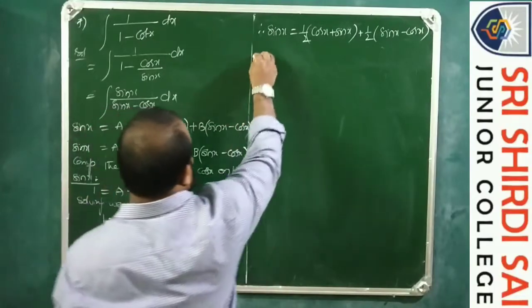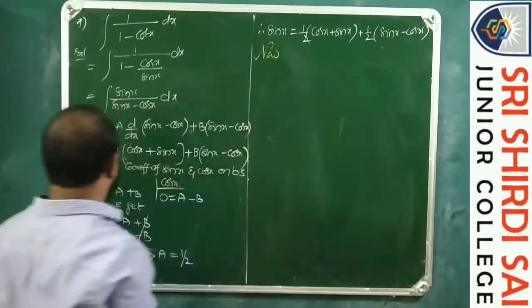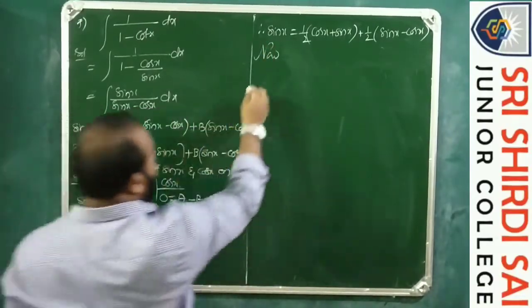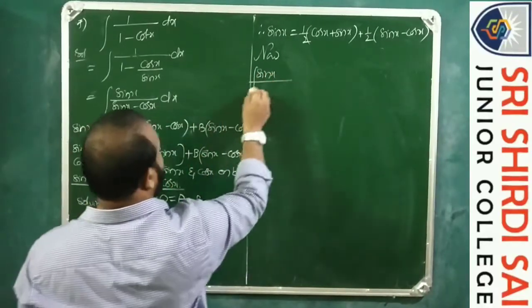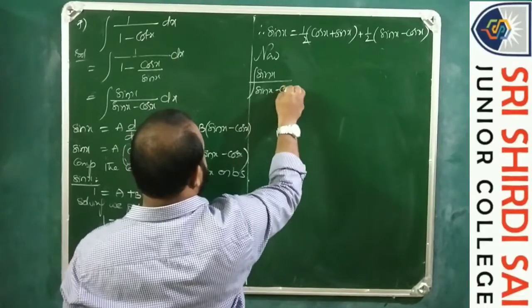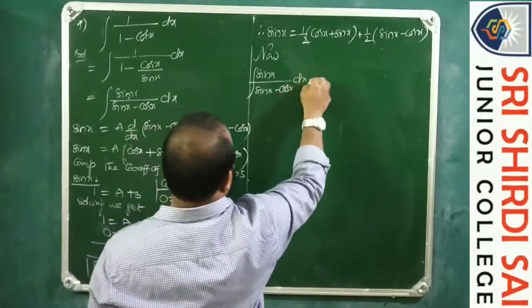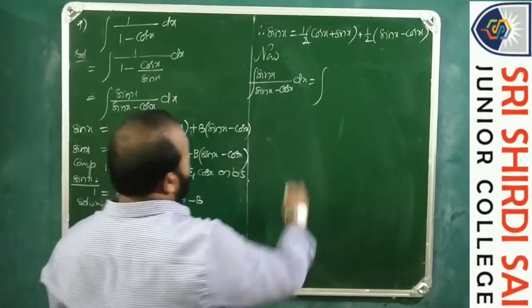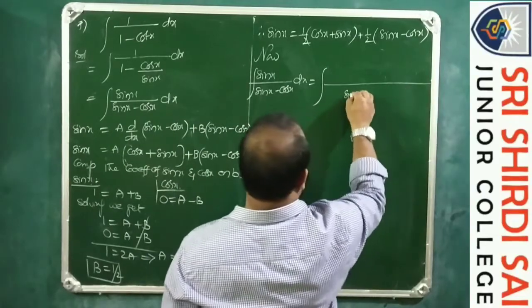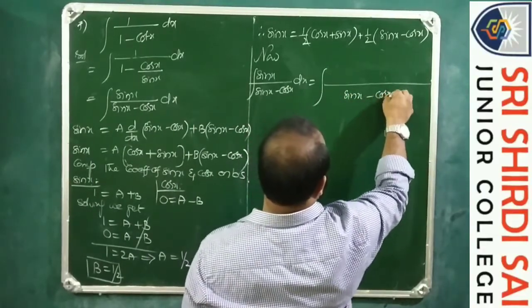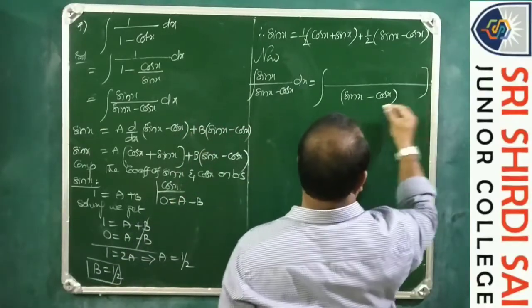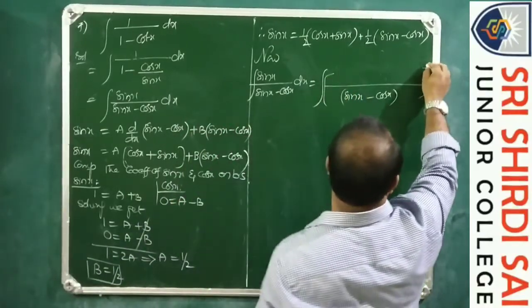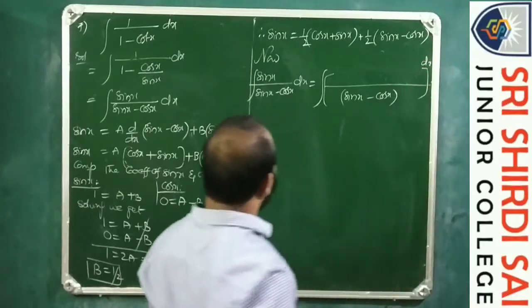Now take this integral sin x by sin x minus cos x dx, equal to the integral of, the denominator sin x minus cos x is the same, and dx is also the same.